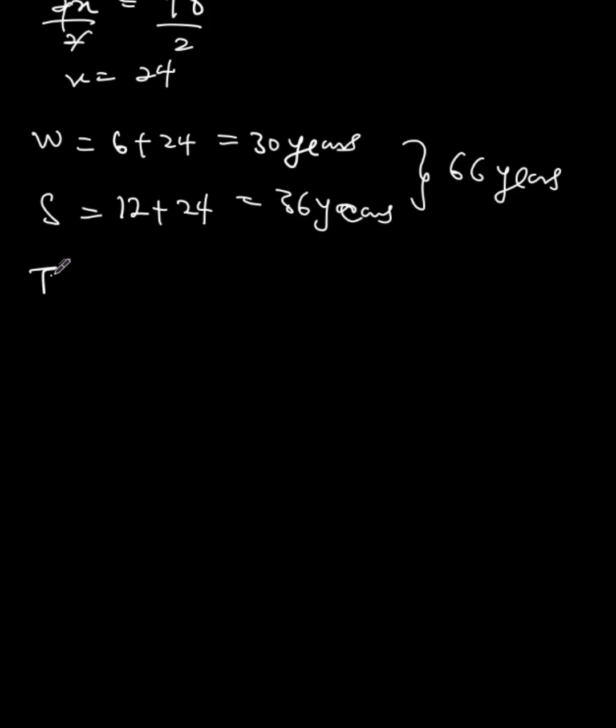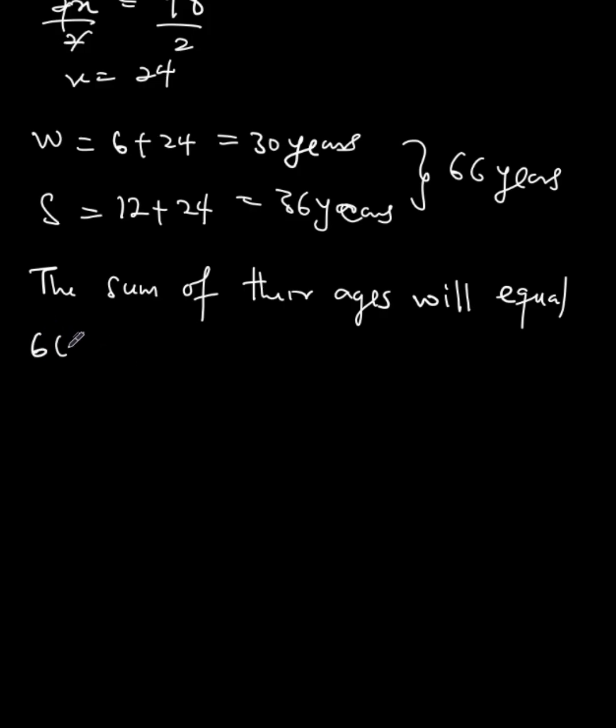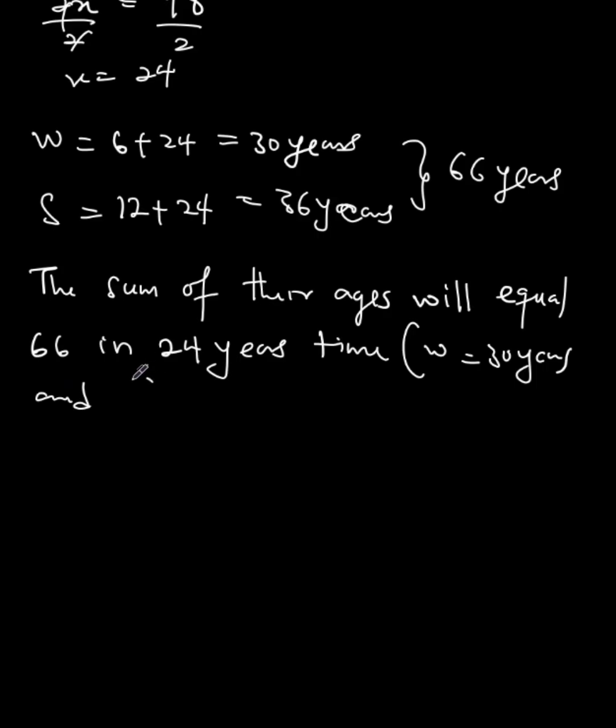The sum of their ages will equal 66 in 24 years time, where Wally will be 30 years and then Sonny will be 36 years.